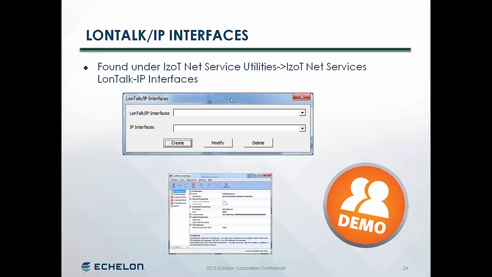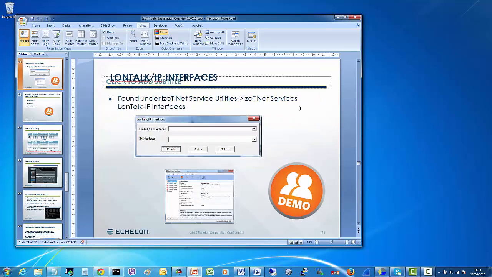And it allows you to establish a name against an IP interface for your particular machine, much the same as you have a name for a USB interface such as LON1 or LON2 that would be established by the LONWORKS interfaces app in control panels. Okay, so the easiest way to understand this is with a demonstration. So let's do that.